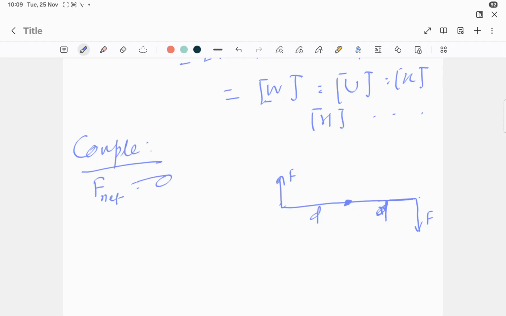So in fact here the center of mass of the system is actually fixed, which is actually the center of the axis. So it is consistent with the fact that this implies no translation.